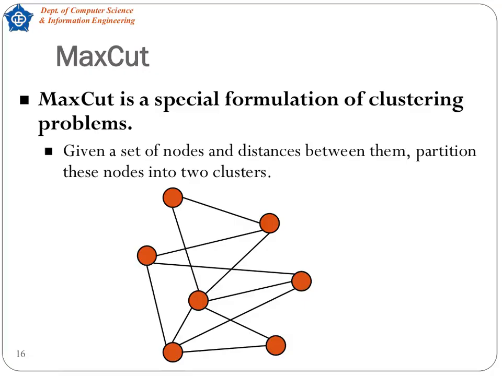The main goal is to take a given set of nodes, imagine points connected together, and consider the distances or relationships between them. Then your task is to partition these nodes into two distinct clusters, or separate groups. The graph you see right here on the slide visually represents precisely this kind of setup, a collection of nodes and their interconnections that we would aim to divide into those two separate groups.